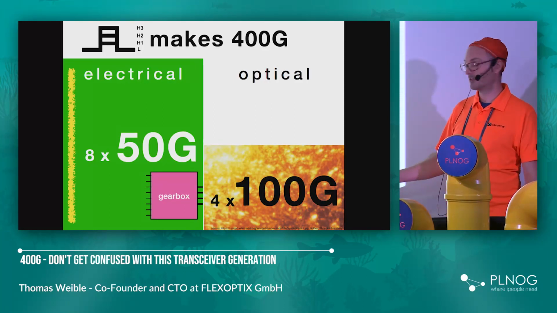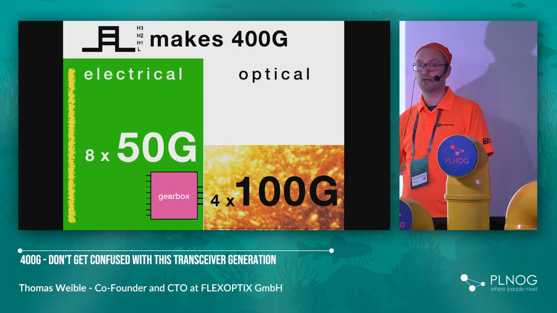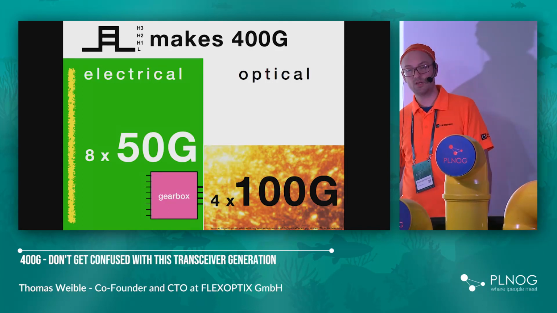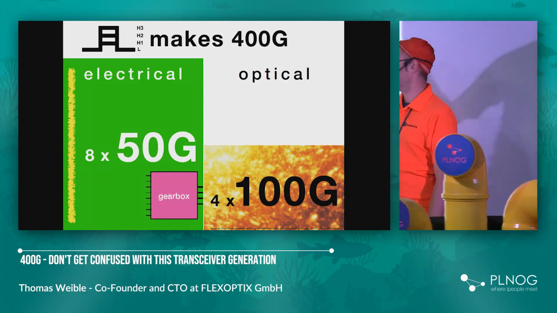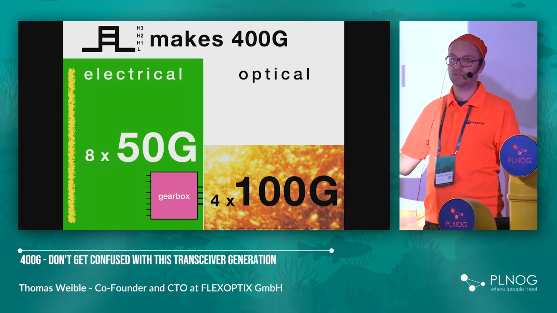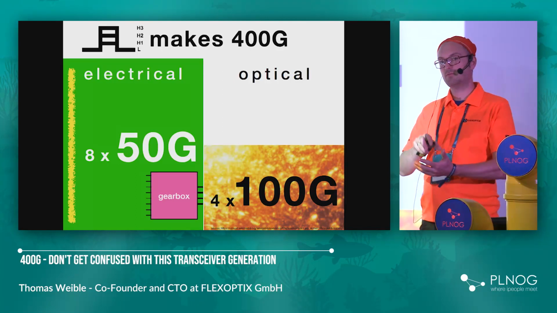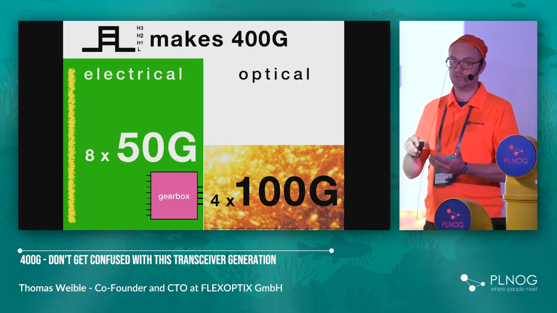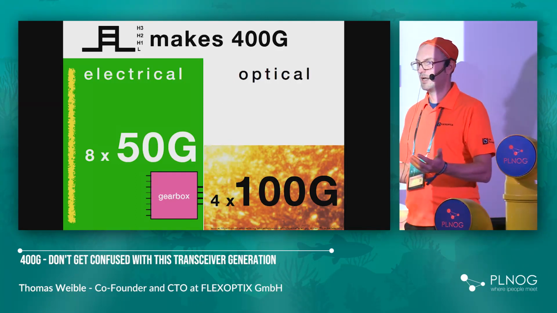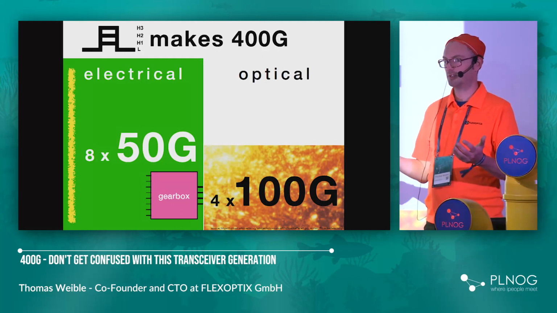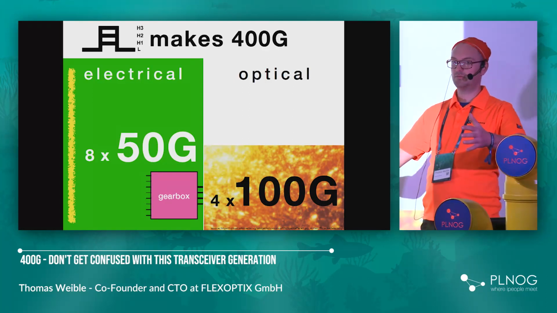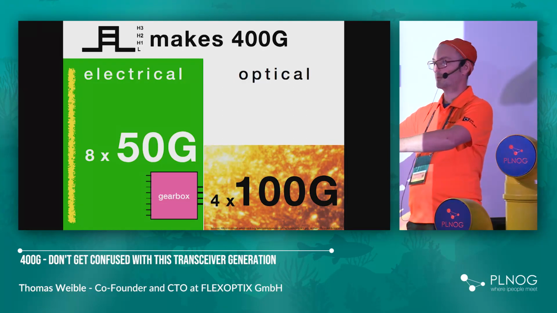So we are driving an optical engine with 4 times 100 gigabit, still PAM4, but increasing the frequency. On the electrical side, it stays with 8 times 50 gigabit, and on the transceiver itself, there will be a chip placed, an ASIC, which is called a gearbox. And what does this gearbox do? It's pretty simple. It takes 8 lanes of 50 gigabit and combines them to 4 times 100 gigabit.